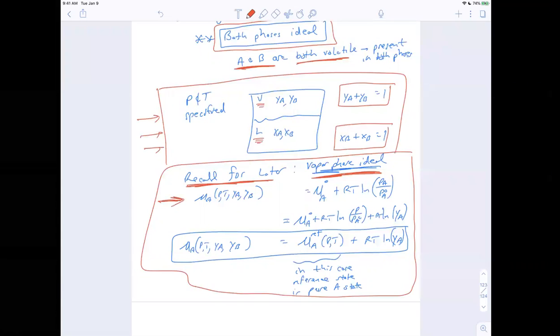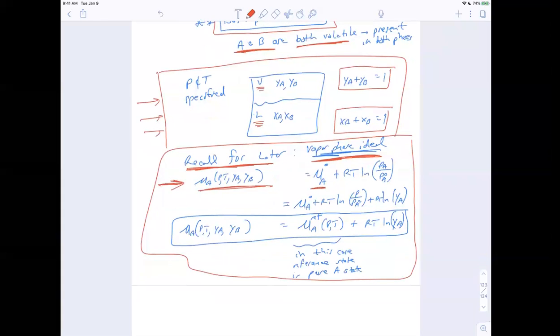For species A, the chemical potential at a particular pressure, temperature, and Y_A and Y_B, remember Y's are for the vapor phase composition, equals mu_A, the chemical potential of A at some reference state, plus RT natural log of the ratio of the partial pressure of A divided by the pressure in that reference state for A. And since it's a vapor and it's ideal, the partial pressure of A is just the mole fraction of A times the total pressure.